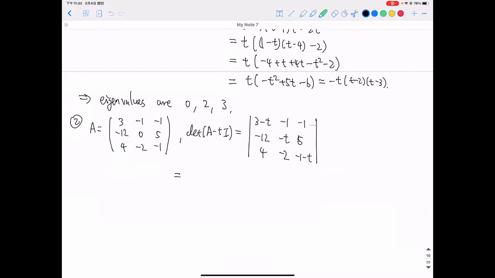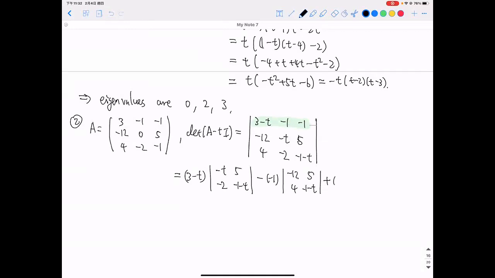Let's do this along the first row. 3 minus t times the determinant of minus t, minus 2, 5, minus 1 minus t, minus minus 1 times the determinant of minus 12, 4, 5, minus 1 minus t. Okay, slightly messy.